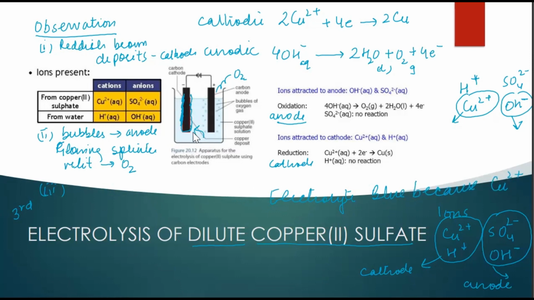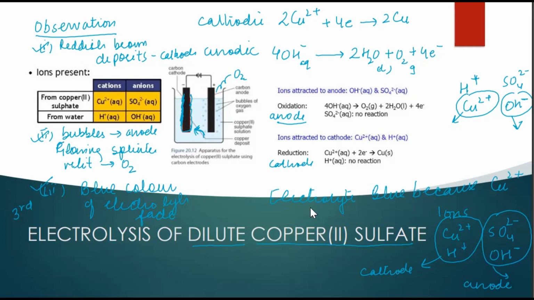So as the copper is being deposited on the cathode, what will happen? The blue color of the electrolyte starts fading off. Because as the copper ions are being deposited at the cathode, the color will start fading off. So these are basically three important observations which we'll be seeing during the electrolysis of copper sulfate.